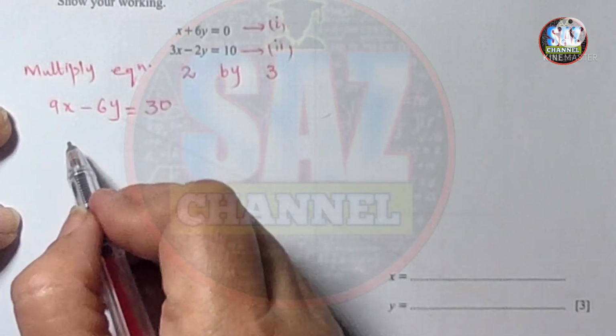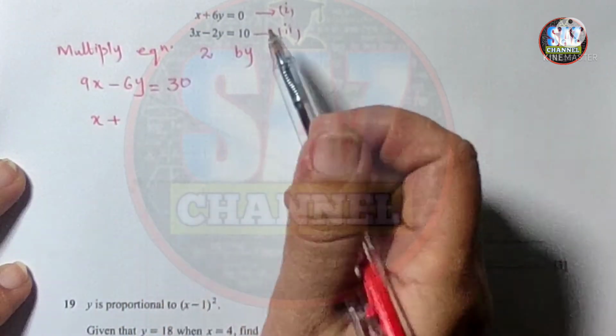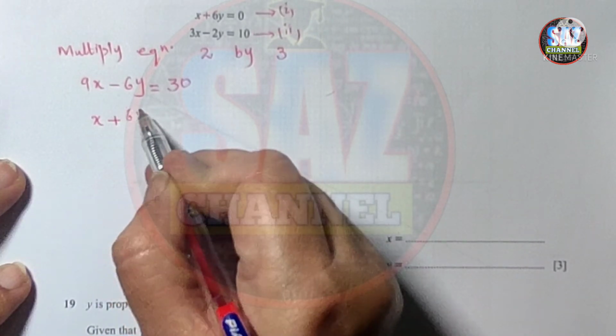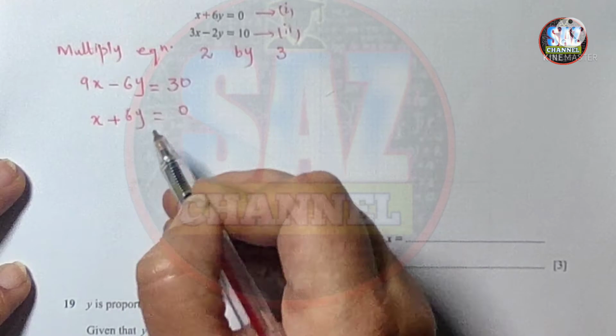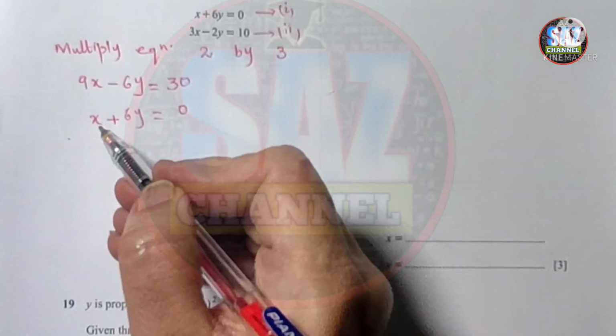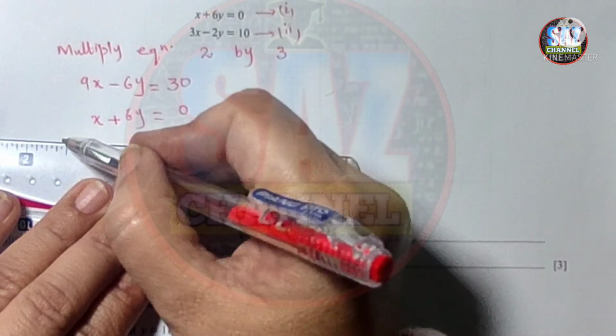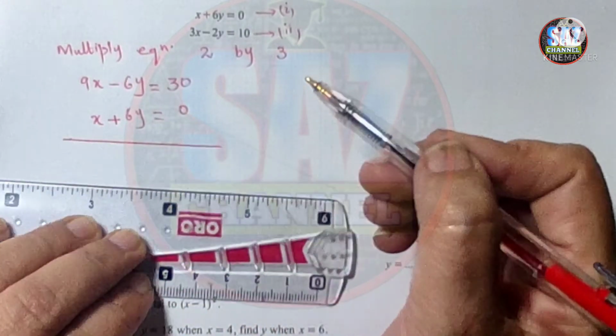Now we have to write both equations together, equation 3 and equation 1: x plus 6y equals 0. Now we can see that if we look at y, the coefficients are the same but the signs are different.